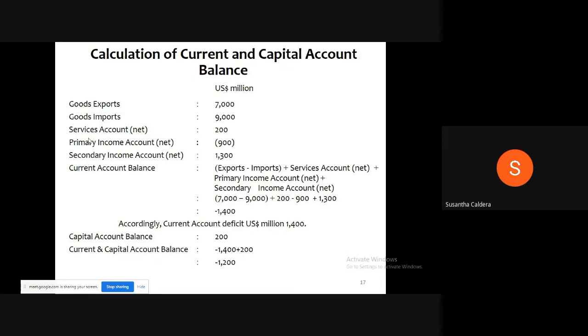Ultimately, current and capital account balance is minus $1,200 US millions.